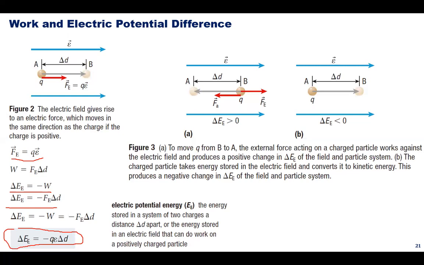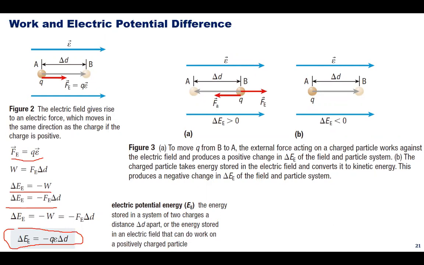Electric potential energy is stored through the potential effect of the electric field on an electric charge. This effect is illustrated in figure 3A, where the charge Q is moved from point B to point A by an external force Fa directed to the left. So the force vector Fa results from some external agent, which could be your hand, for example. The electric force on Q points to the right, assuming that Q is positive.